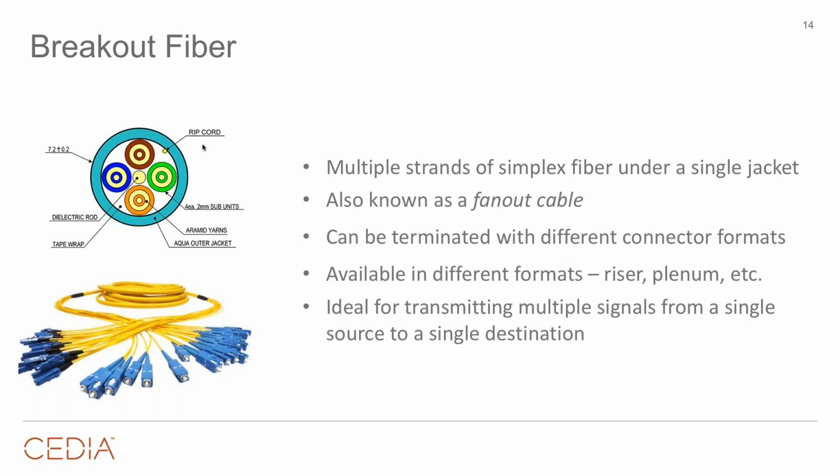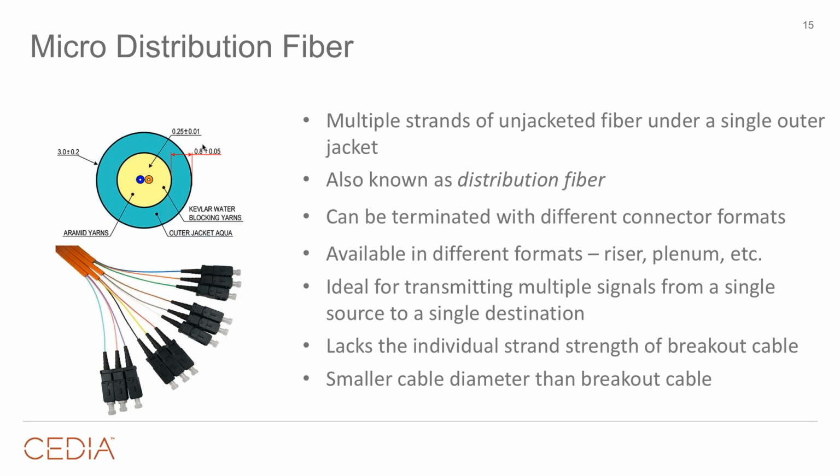And we can compare that to micro-distribution fiber. Micro-distribution fiber has multiple strands, strand counts from 4 strands, 6 strands, 8 strands, 12 strands, 24 strands. You get very high strand counts and very small pliable cables, but they don't have as strong of an outer coating on those individual strands.